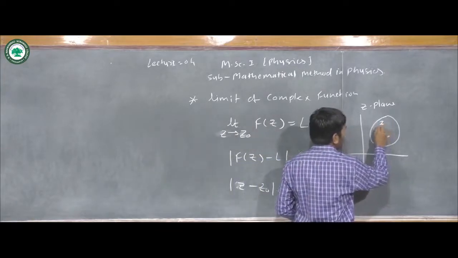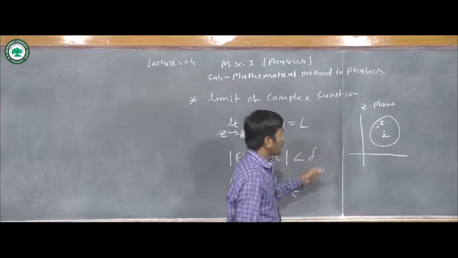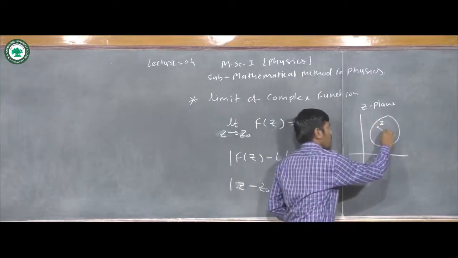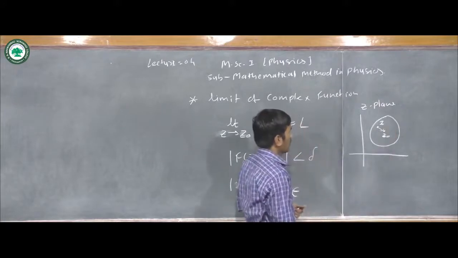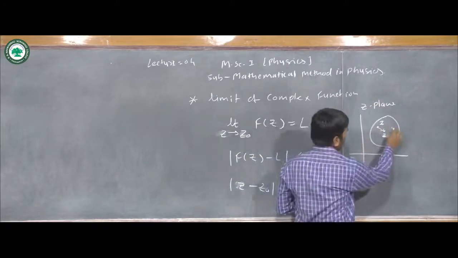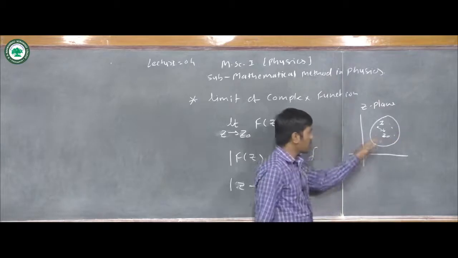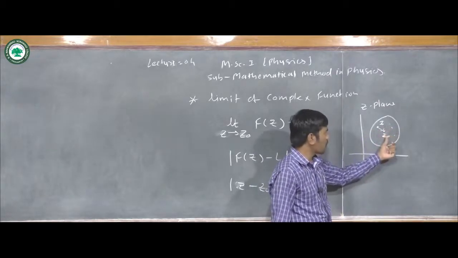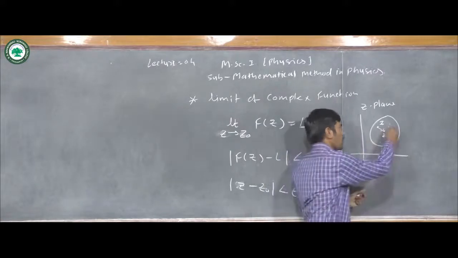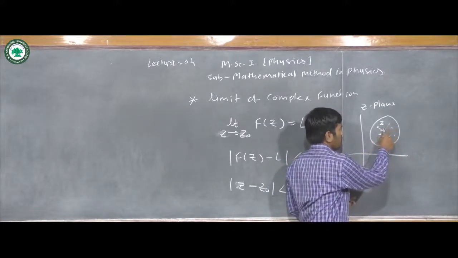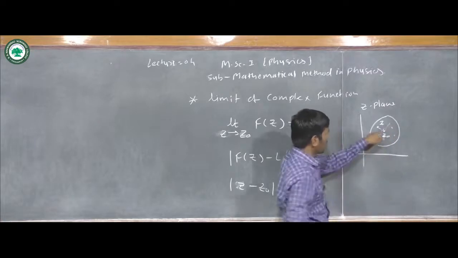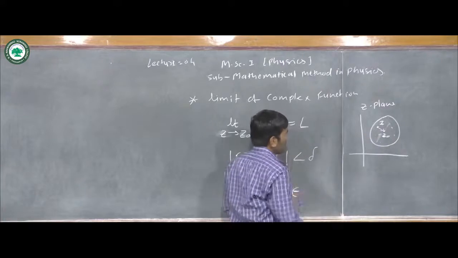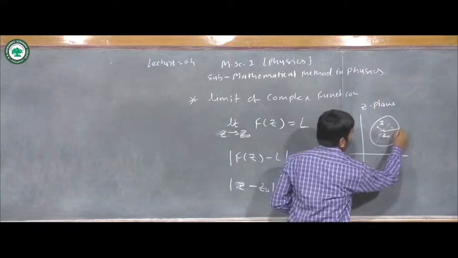So when I approach from z to z naught, like this or this, there are numbers of points, and you can consider any direction to approach towards z naught. The radius of this circle is delta.